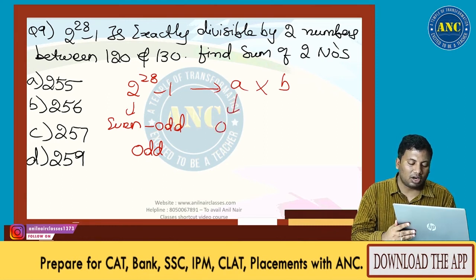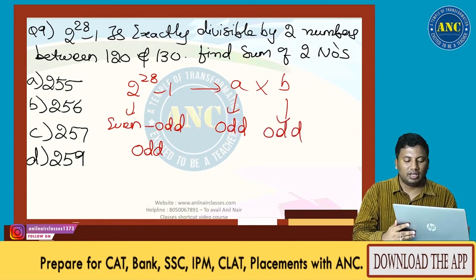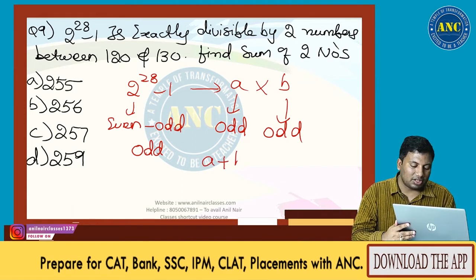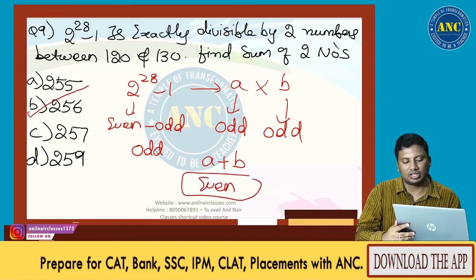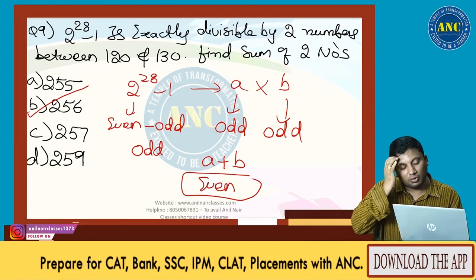That means this is odd and this is also odd. Are you all with me? Odd is nothing but odd into odd. I require the sum of these two numbers. Odd plus odd is an even number. Answer is nothing but 256.